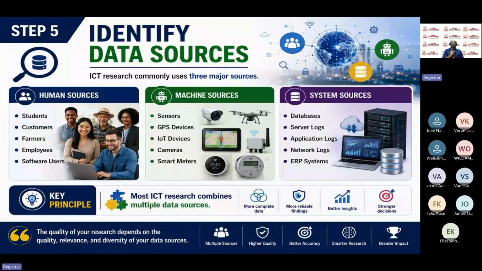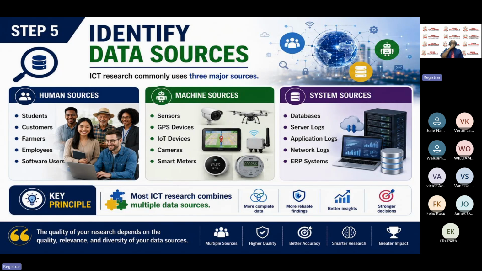So the key principle on this board in step 5: most ICT researchers combine multiple data sources. When you combine these, you get real, complete data and you will make reliable findings, better insights, and stronger decisions. This is the biggest change or shift we see in ICT and social science research.